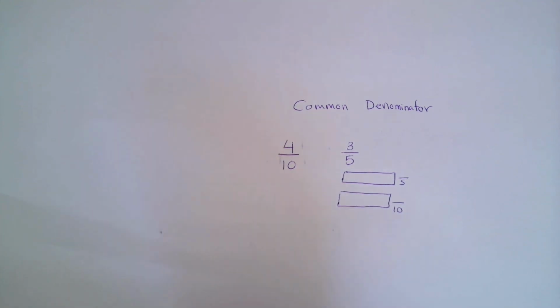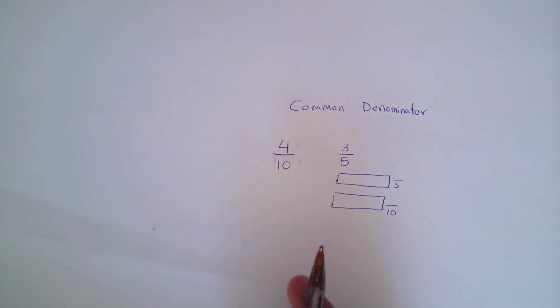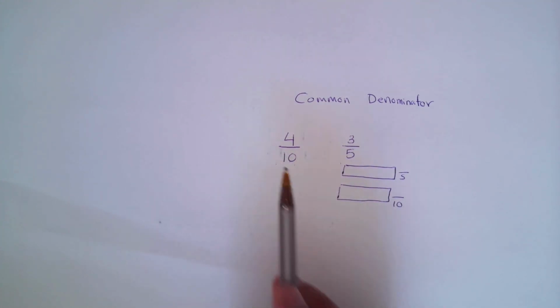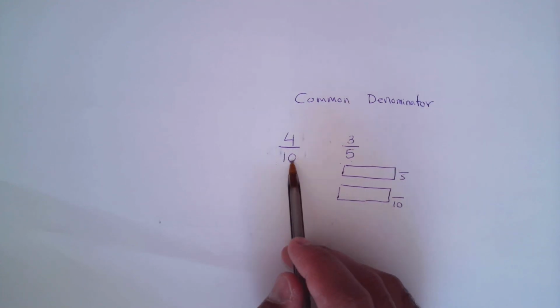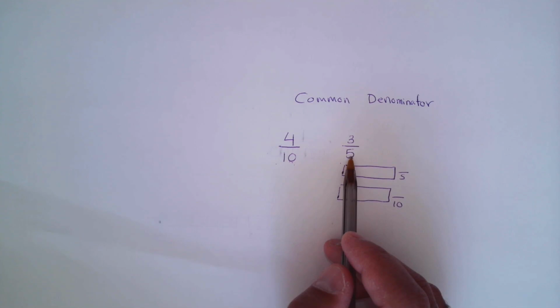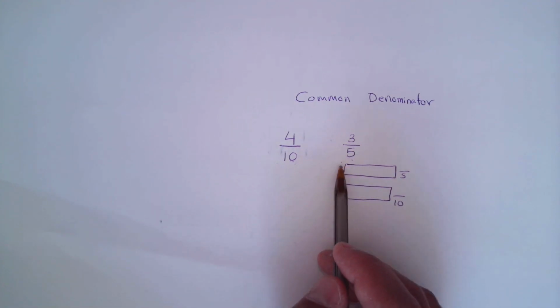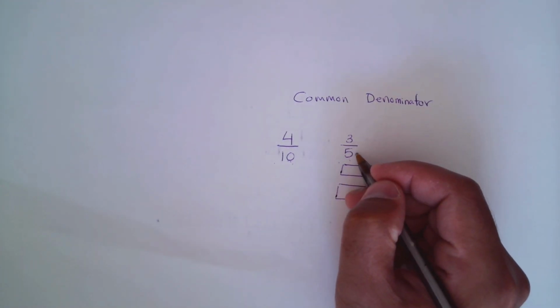Okay, but I'm not gonna do the same way as we did before. I'm gonna make it where both the denominators are the same. So 5 and 10, let's ask ourselves, is 10 a multiple of 5? Or is 5 a factor of 10? And the answer is yes.